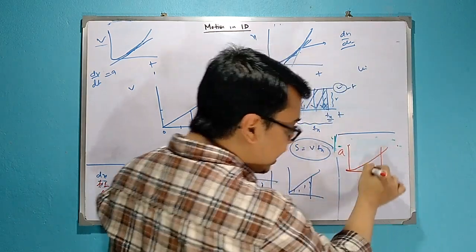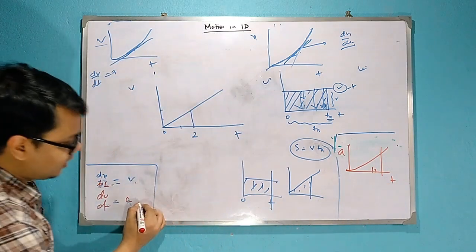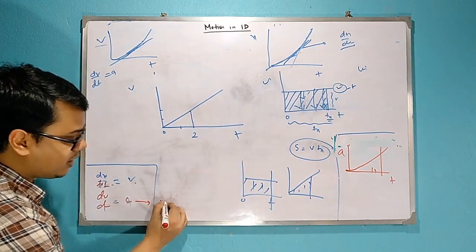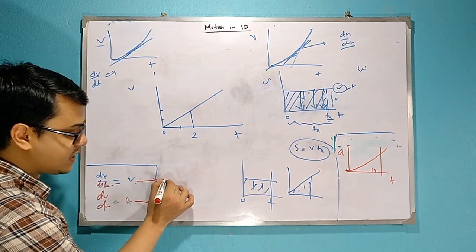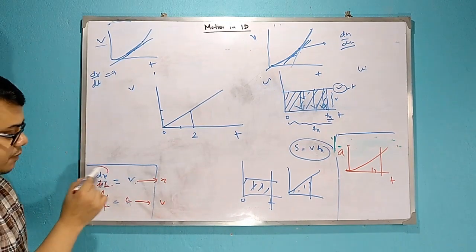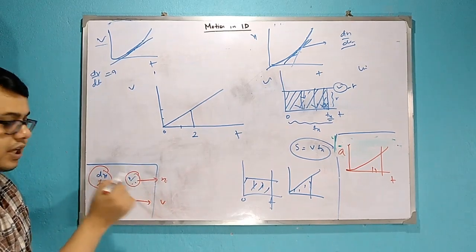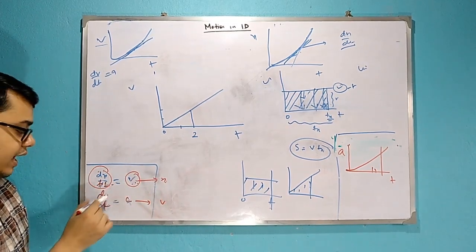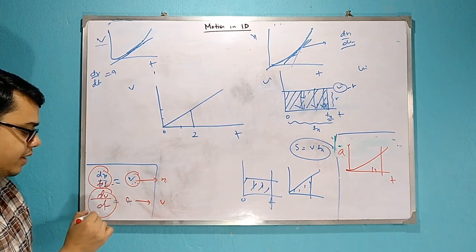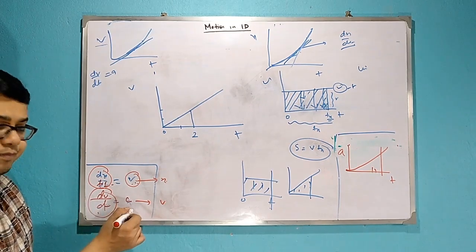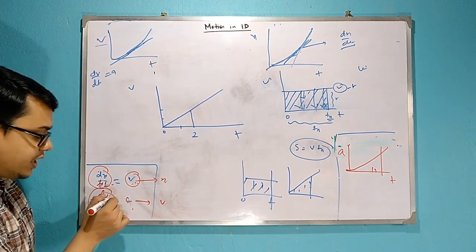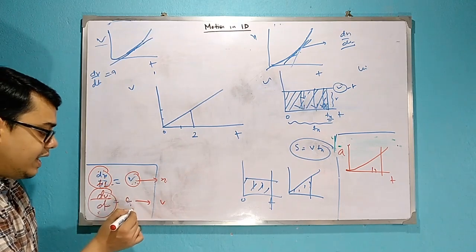The area under the at graph is v, and the area under v is x. Conversely, dx by dt is v and the area under v is x. So from x we got v, and from v again we got x. dv by dt is a, which means the rate of change of velocity is a, and the area under a is v.